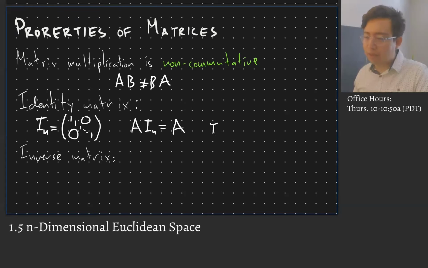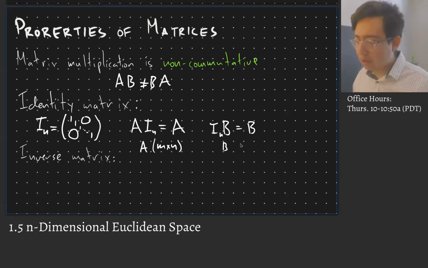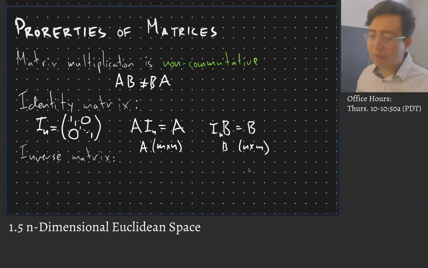And if you have B over here, then you get B. So maybe A is M by N, and over here B is N by M, or something like that.